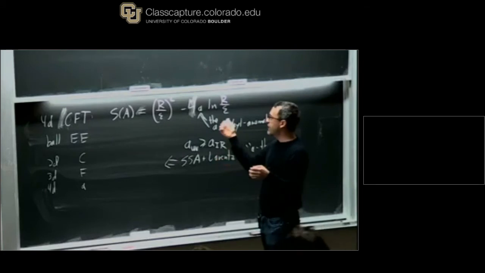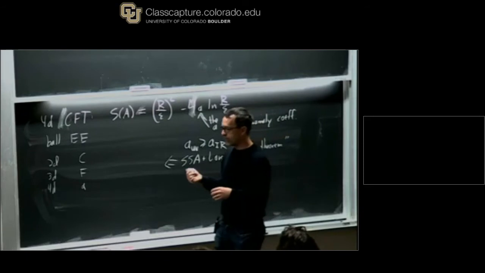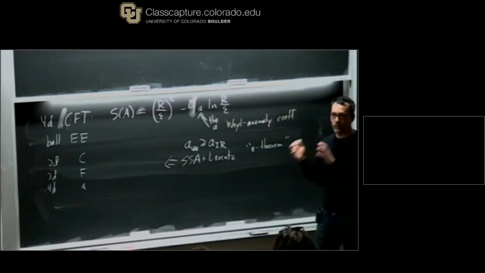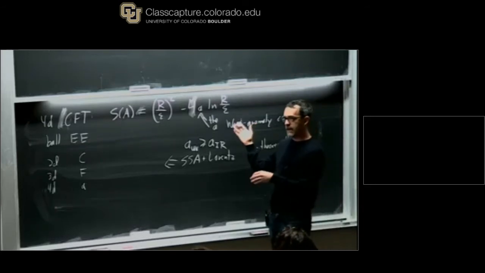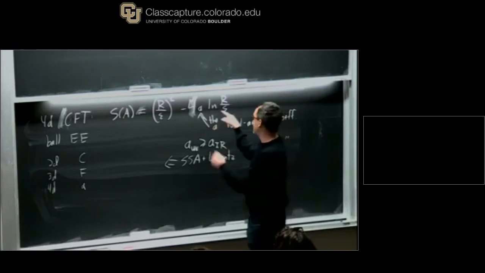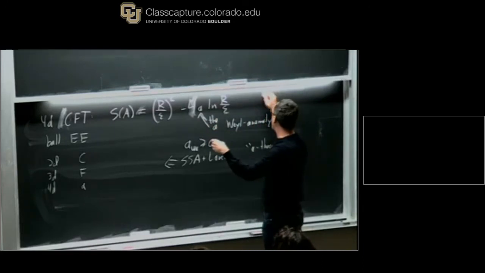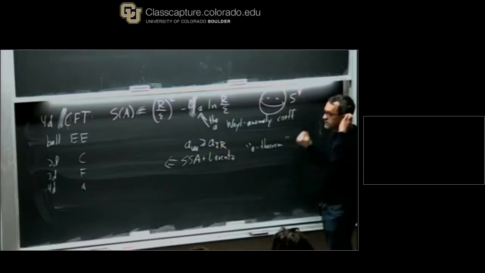And you only pick up A because the curvature invariant that multiplies C in 4D vanishes on the round 4-sphere. And so that's one way of understanding why you only pick up A. So indeed, this relation here comes precisely from considering the 4-sphere partition function.